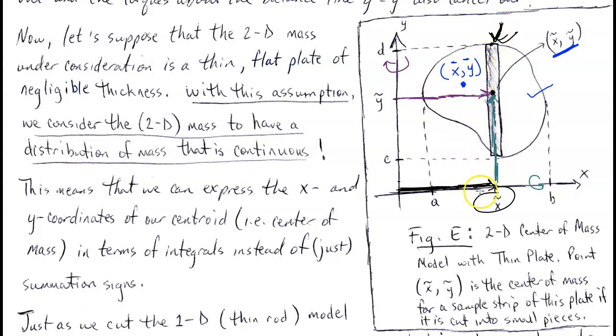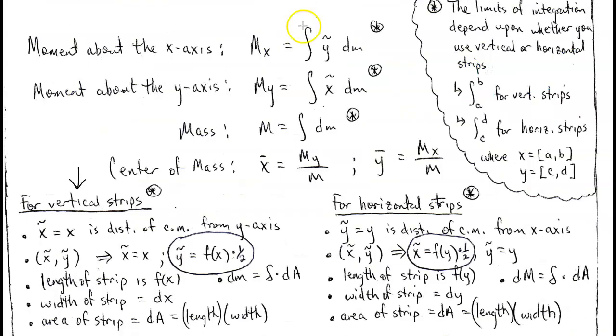But the main thing here is that whenever we have vertical strips, the x coordinate for the center of mass is always going to be x tilde. If we have horizontal strips, then just the opposite is true. We're going to have our y coordinate for the center of mass be y tilde. All right. So let's jump back to that summary area. I'm going to change colors here just to have some contrast.